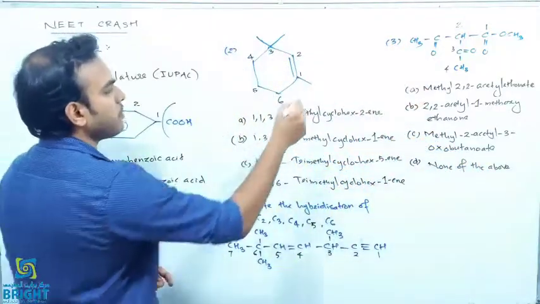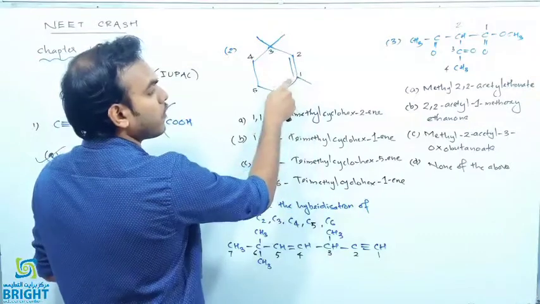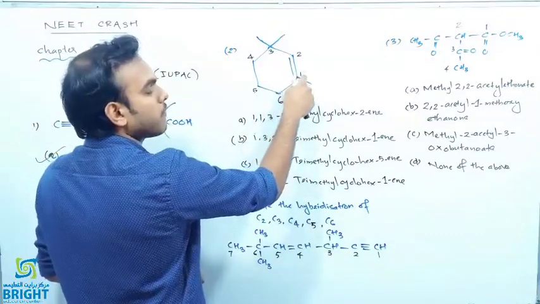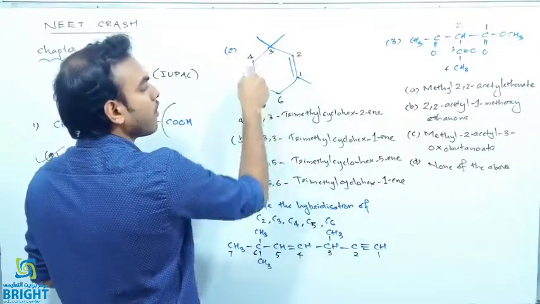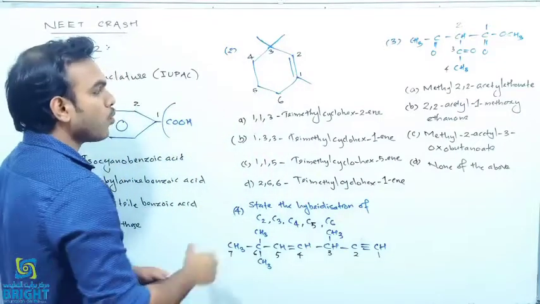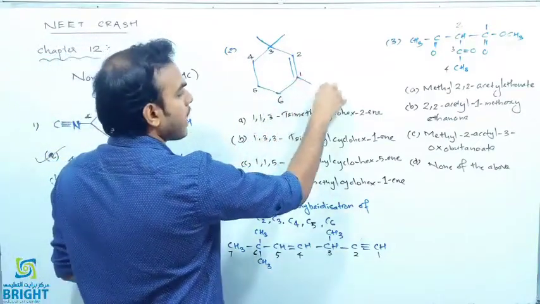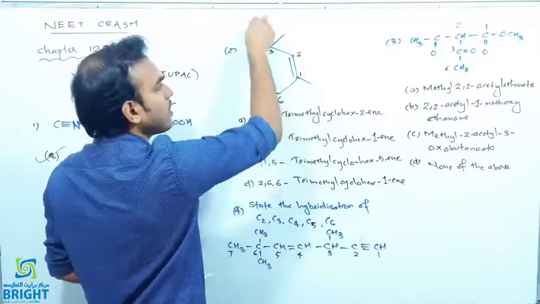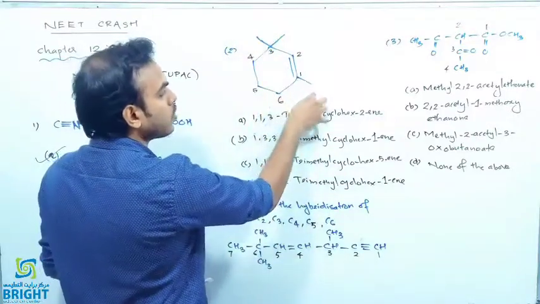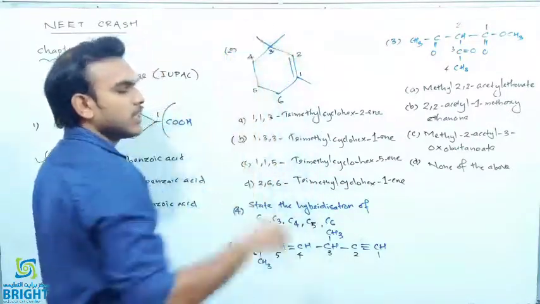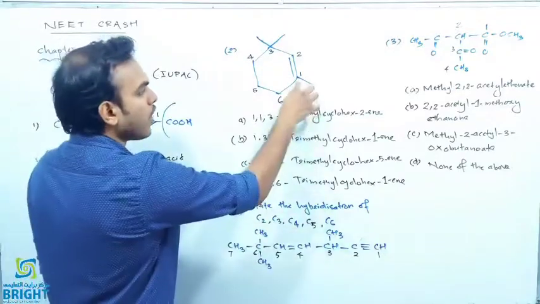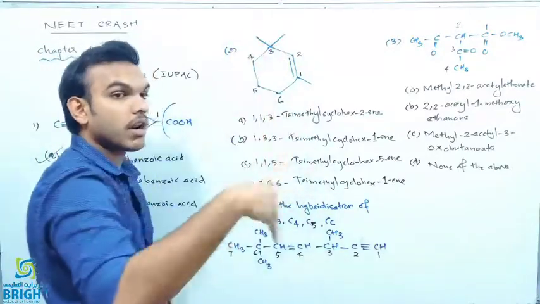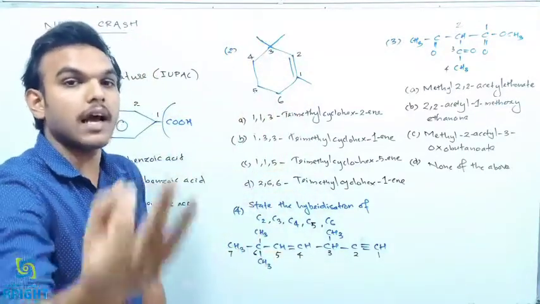In this question, I am numbering starting from the double bond, which has more priority. So I am numbering from here: 1, 2, 3, 4, 5, 6. While numbering from this side, there is a branch here, another branch here, another branch here, so we can say 1, 3, 3. There are 3 branches, that is trimethyl.